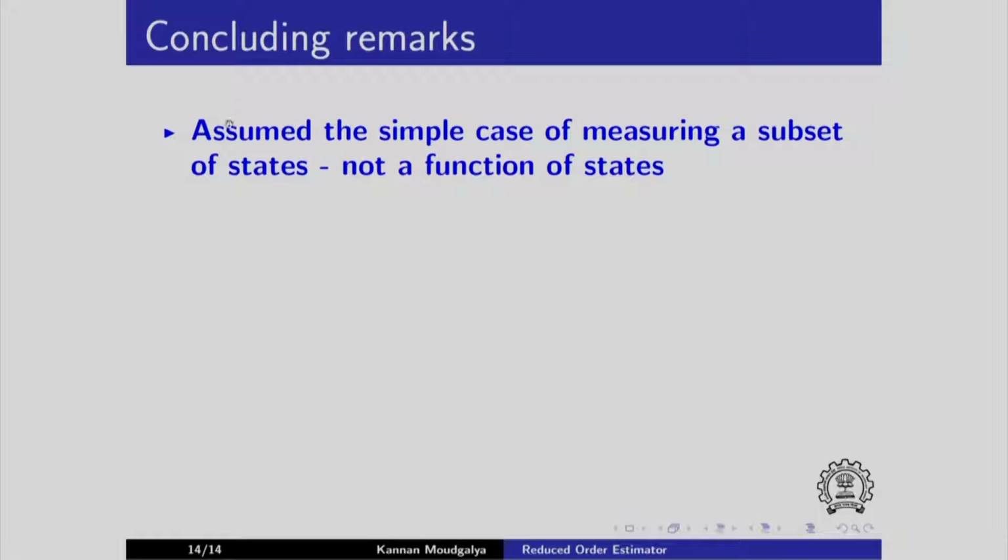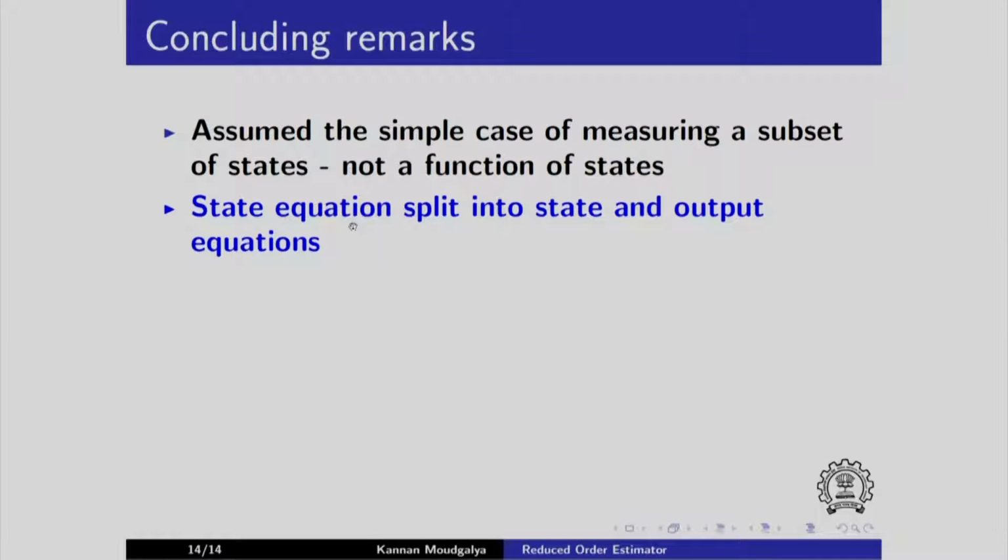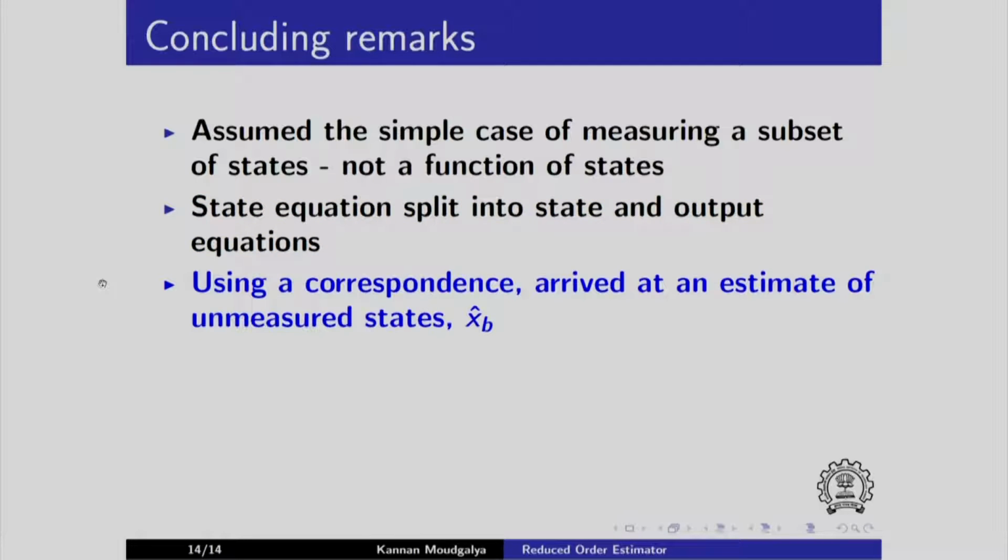To conclude, we assumed the simple case of measuring a subset of states. We did not measure a function of states, we measured a subset of states directly. We split the equation into state and output equations. We used correspondence.